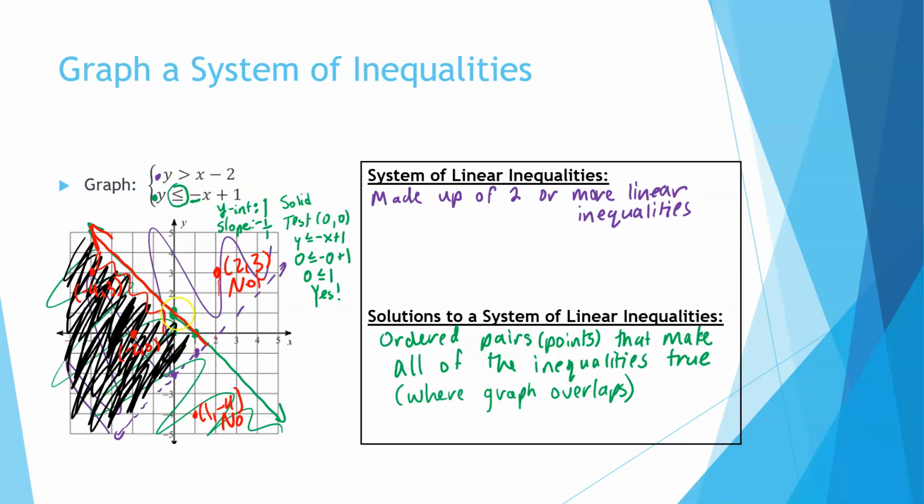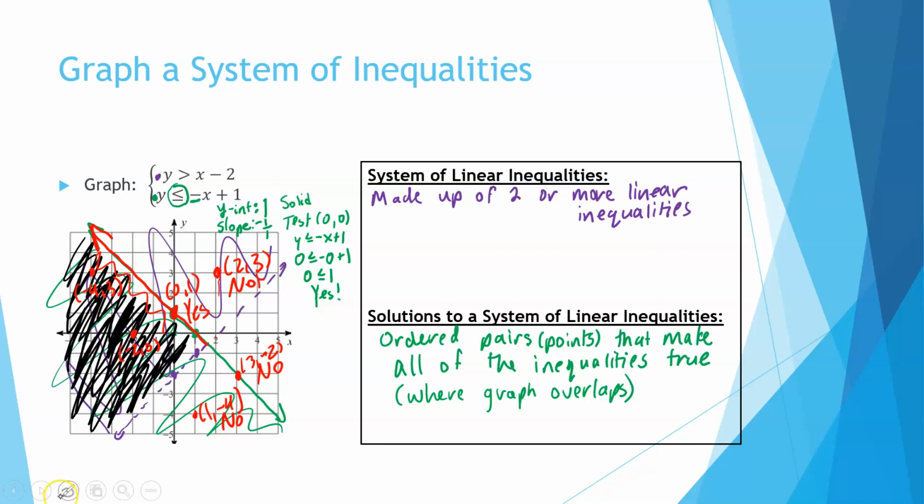So for example, the point 0, 1 is a solution. However, a point that is off the shaded part, so this is on a solid line, so 3, -2, but it is not touching the shaded region, so that one's not.